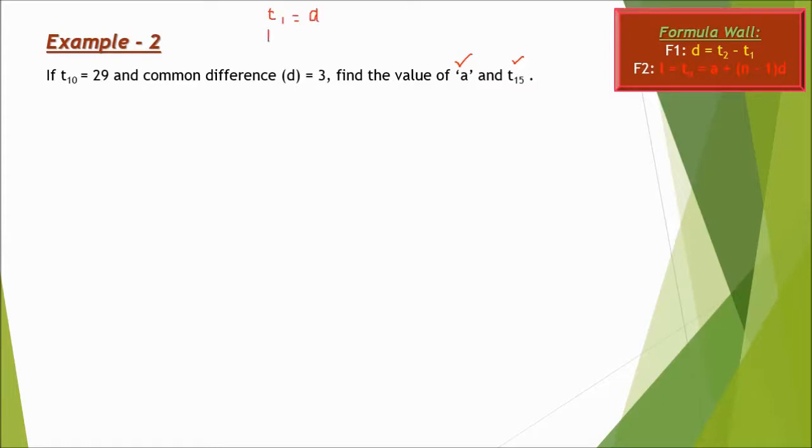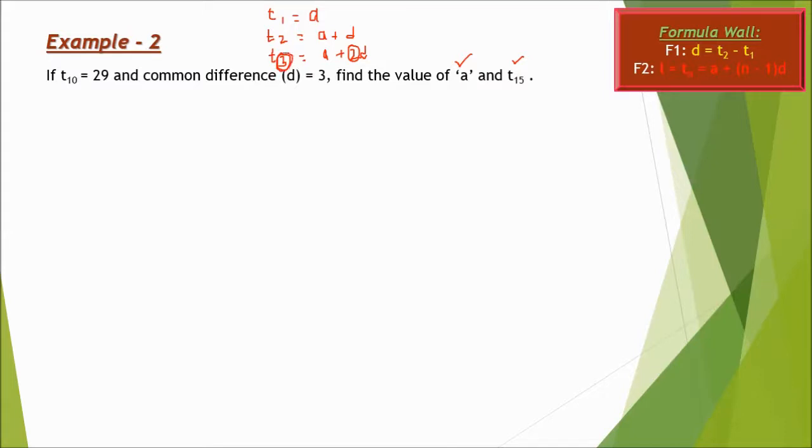Second term is a plus d, isn't it? Then t3 is a plus 2d, isn't it? Now we can easily say what the 10th term will be: the number in front of d must be one less than the term number, isn't it?